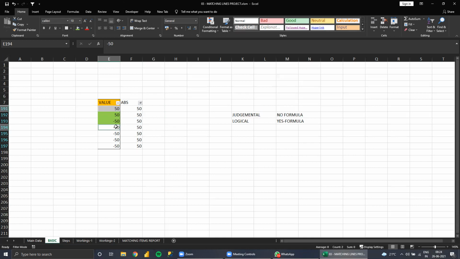See, when you do the Excel model through formula, I don't expect manual intervention. Now see here, when I do this, suppose I change this, or otherwise I delete it.